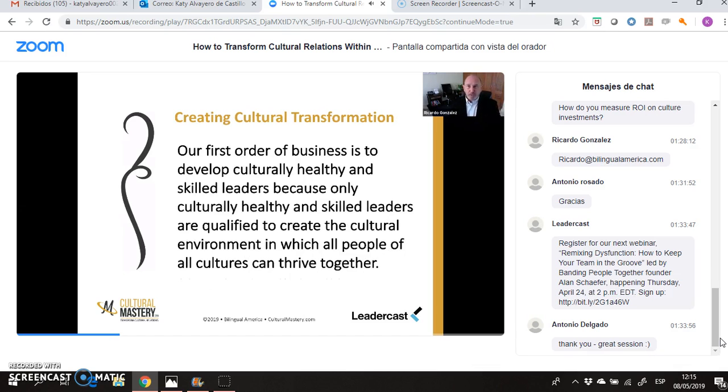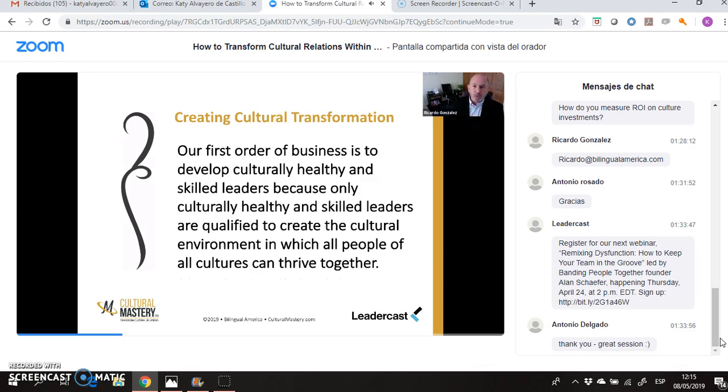So the first thing that we have to do to create culturally healthy and skilled leaders is to move those leaders to cultural health and skill so that they then are qualified or equipped to create the cultural environment in which all of the other people can thrive together, okay?